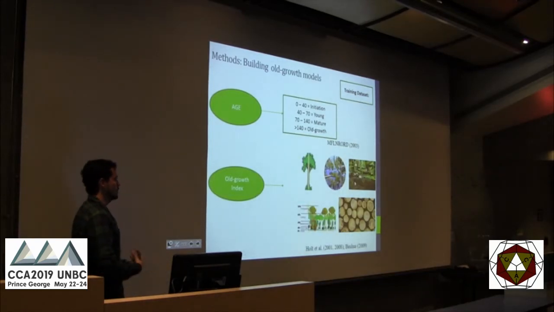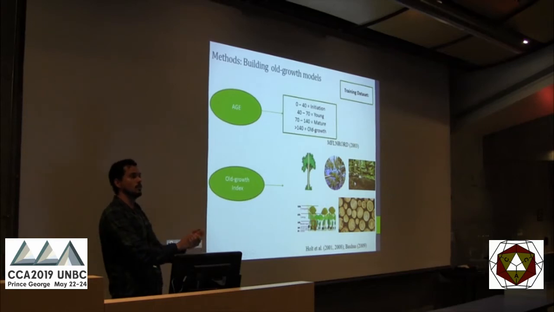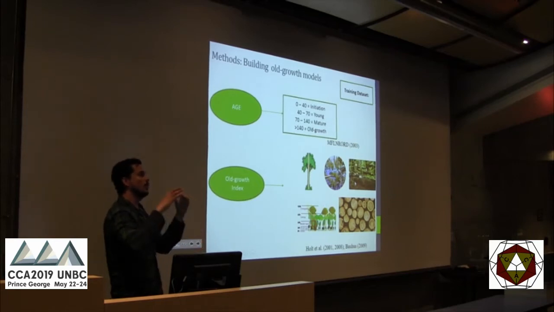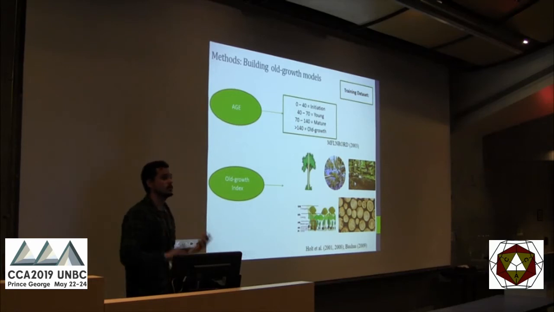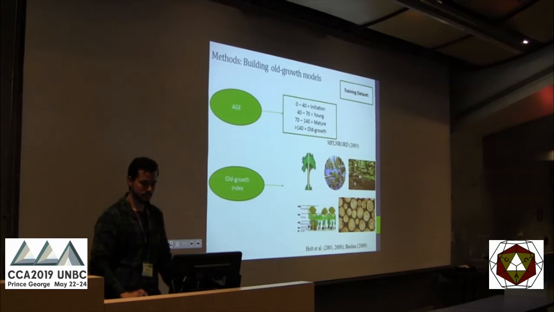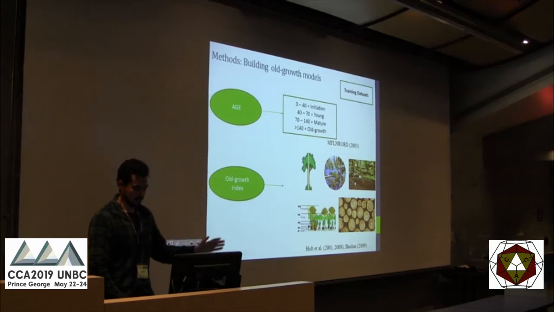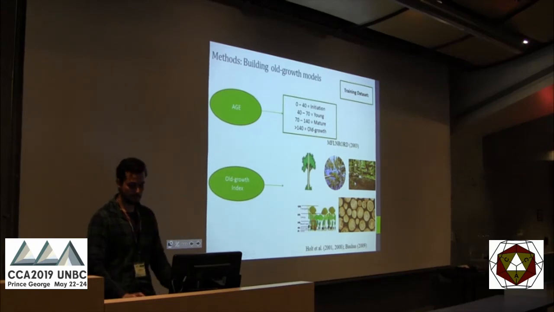And for the old growth index, I use age, of course, because it is an important predictor, but also other old growth attributes, such as maximum height, canopy cover, vertical complexity, volume, biomass, coarse woody debris. So I scaled them all 0 to 1, summed them up, and created this index that gets an abundance of old growth attributes instead of just age.